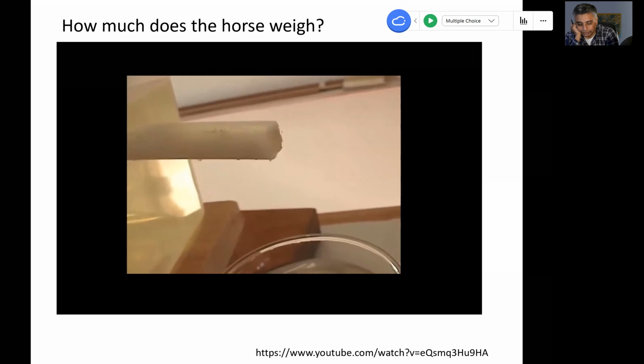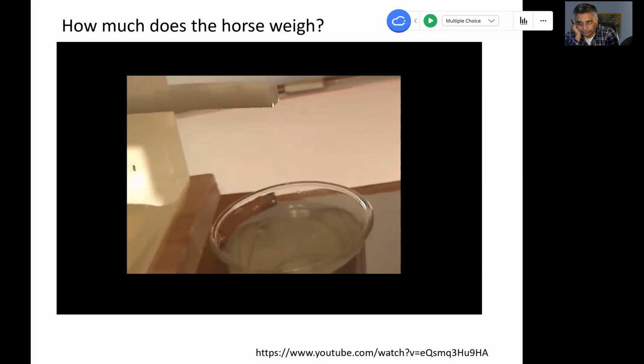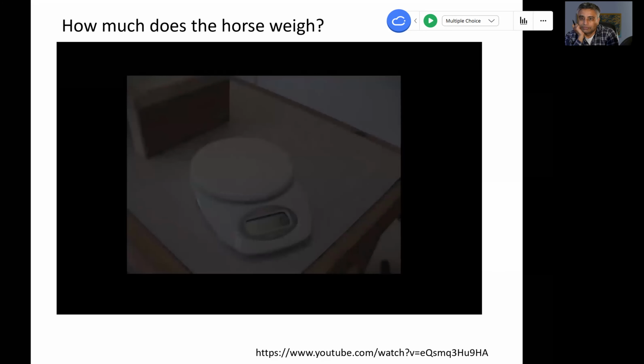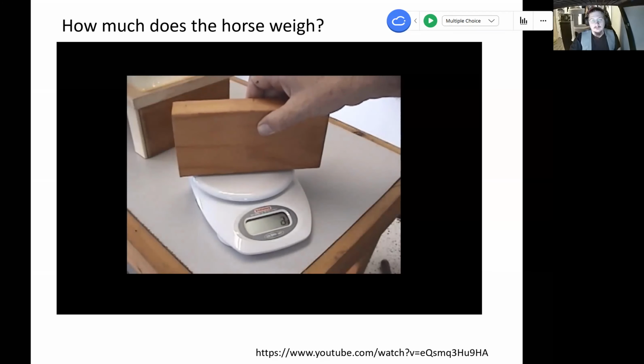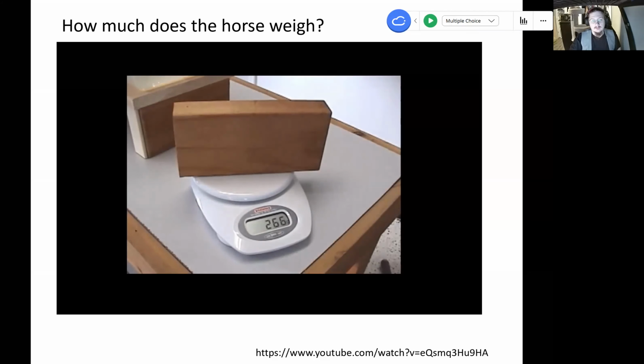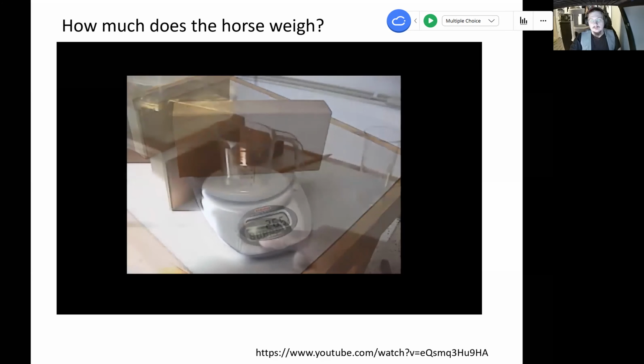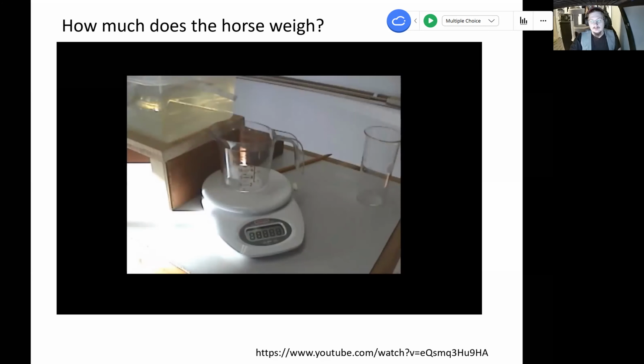The surface of the water is now level with the overflow spout. Before we start, let's weigh this wood block. It has a mass of 266 grams. Our overflow tub is ready for use. We have an empty cup on a scale positioned to catch and weigh the displaced water. The weight of the cup has been subtracted.